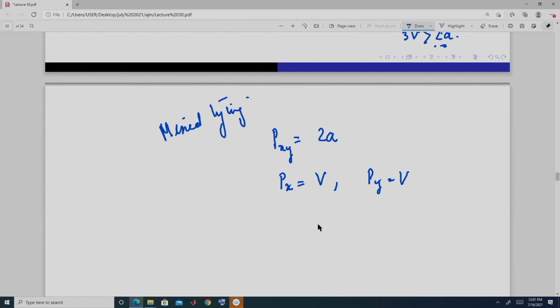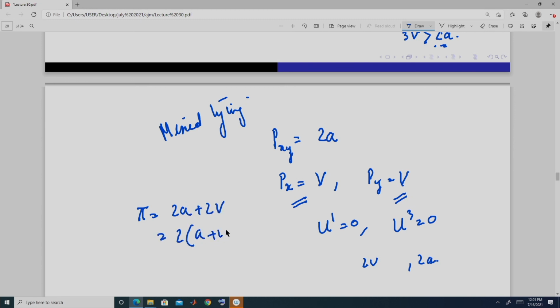Consumer 1 will buy this, consumer 3 is going to buy this product, so their utility is going to be equal to 0. And for consumer 2, if it buys this and this separately, its price is 2V, but if it buys together, it is 2A. Okay, 2A is less than 2V. So, that is why it is going to buy that. So, the profit in this situation to the monopolist is 2A plus V.